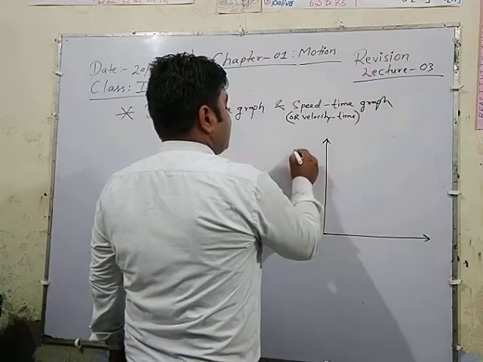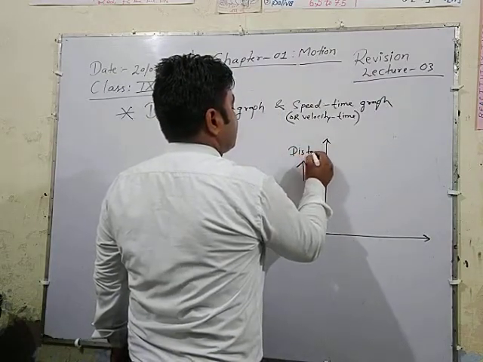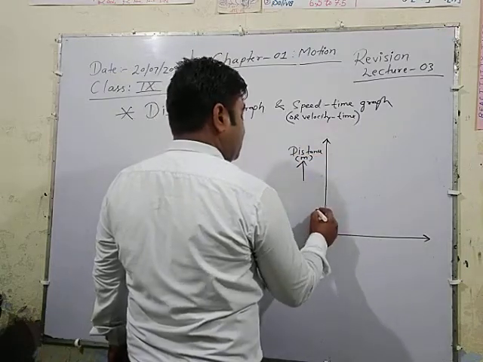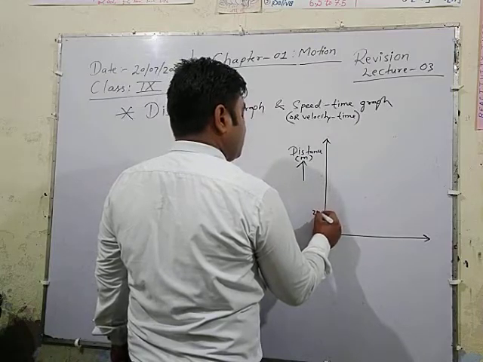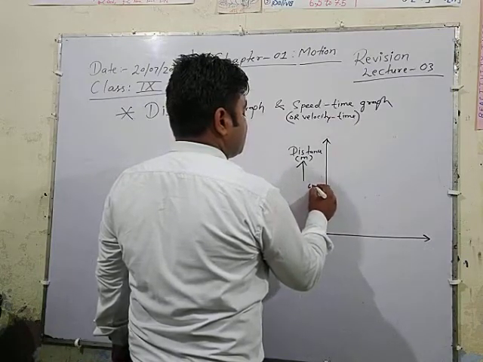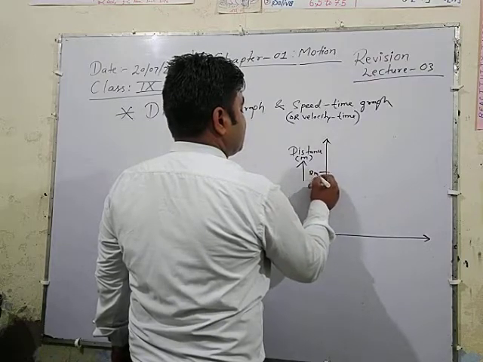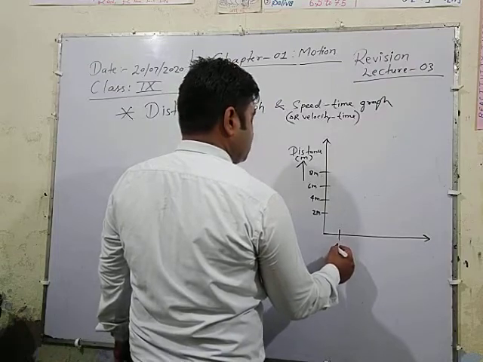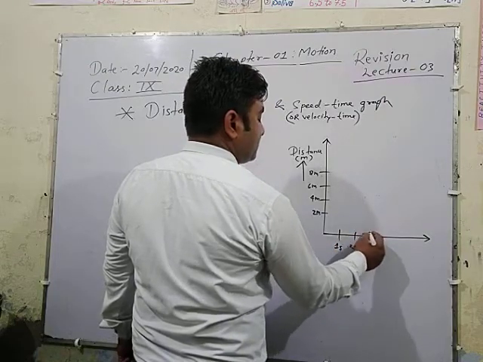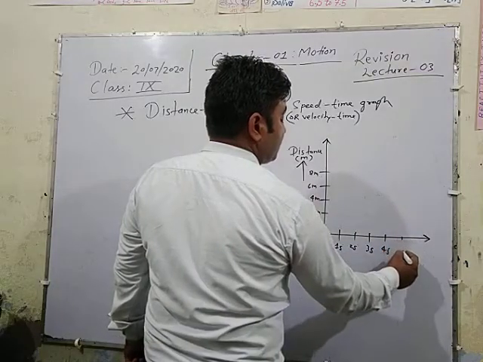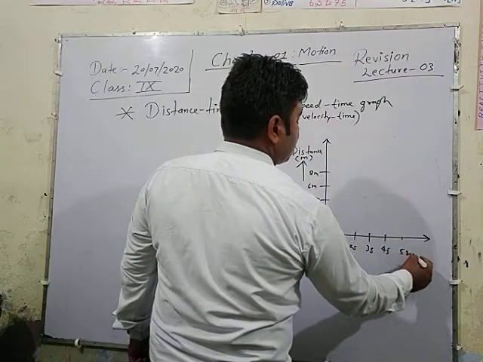You see, distance in meters: 2 meter, 4 meter, 6 meter, 8 meter, and time: 1 second, 2 second, 3 second, 4 second, 5 second.